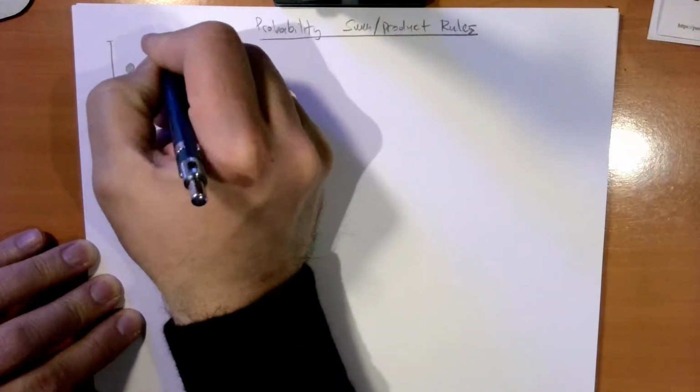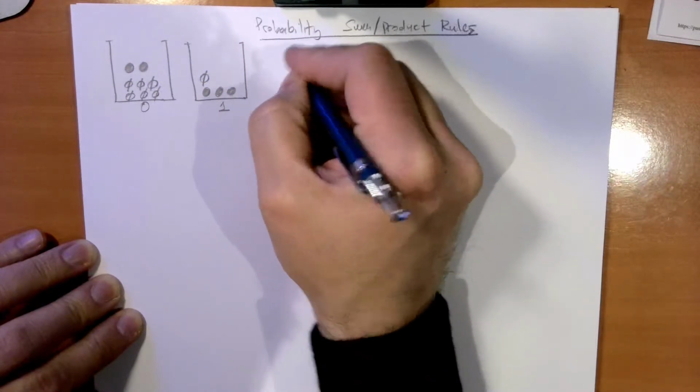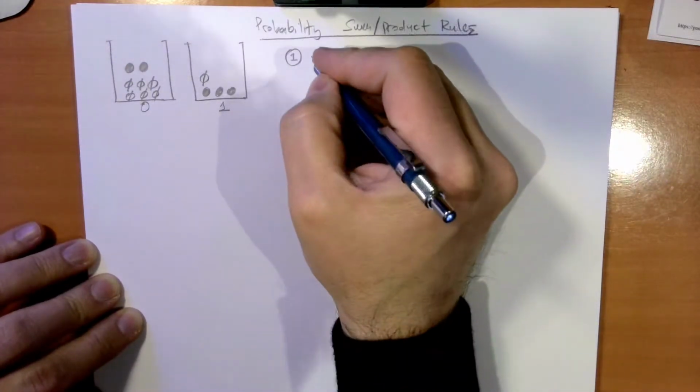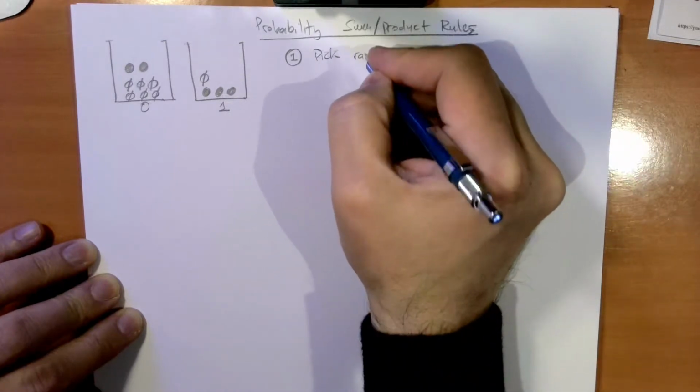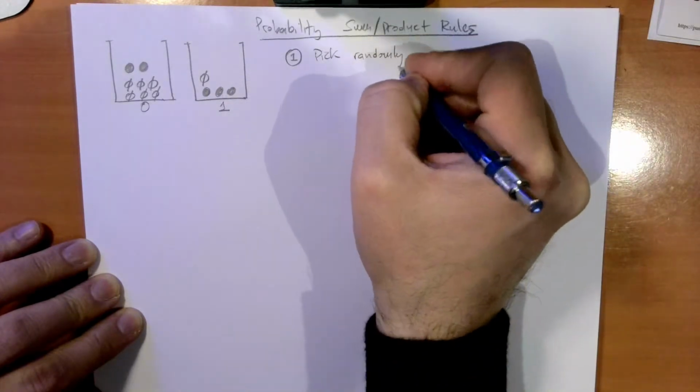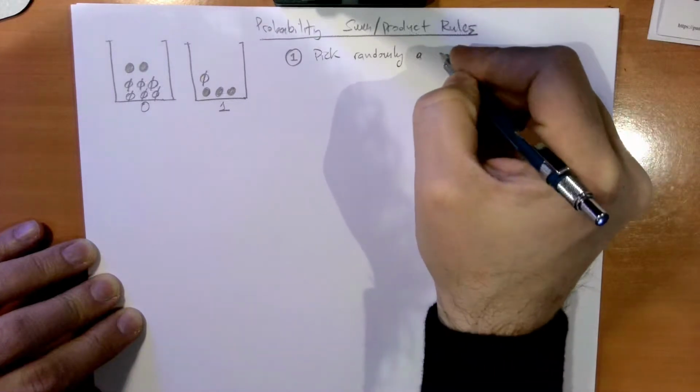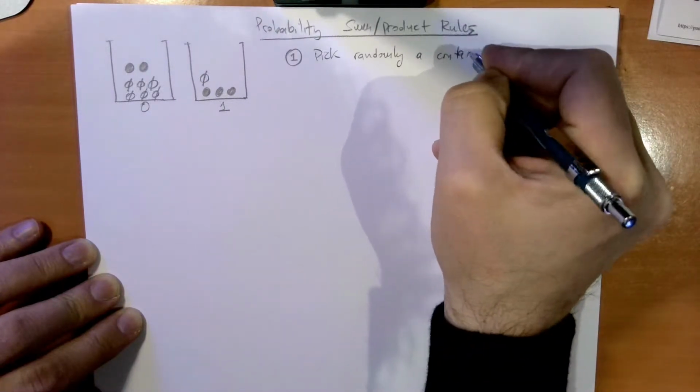The first stage of the experiment is to randomly pick a container, or urn.